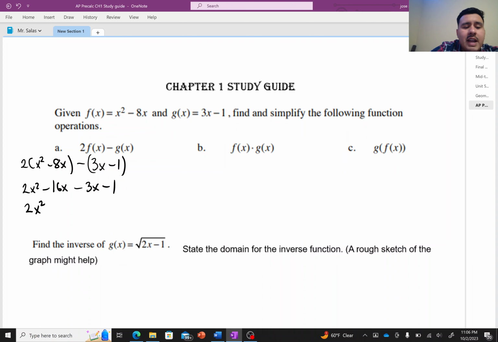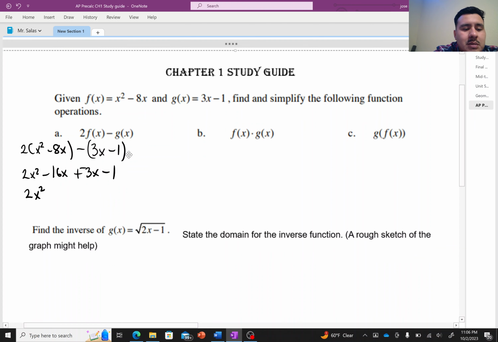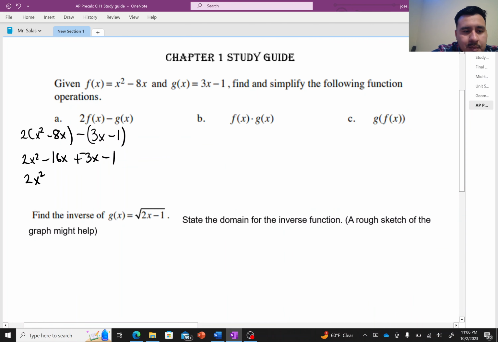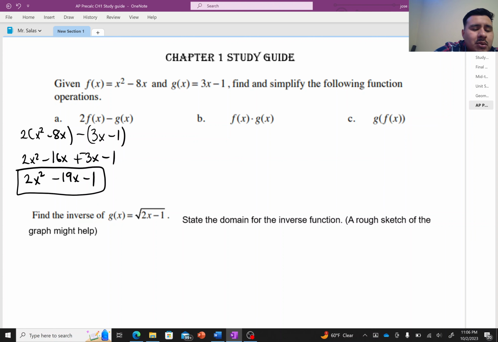Negative 16x minus 3x: in case you're wondering how to do this operation, I suggest you add the opposite. So negative 16x plus negative 3x gives me negative 19x minus 1. Can I simplify it any further? No, I cannot. This is as simple as it gets.